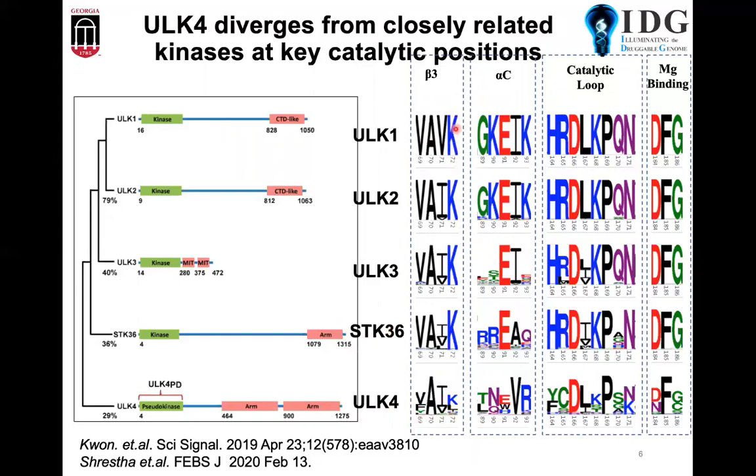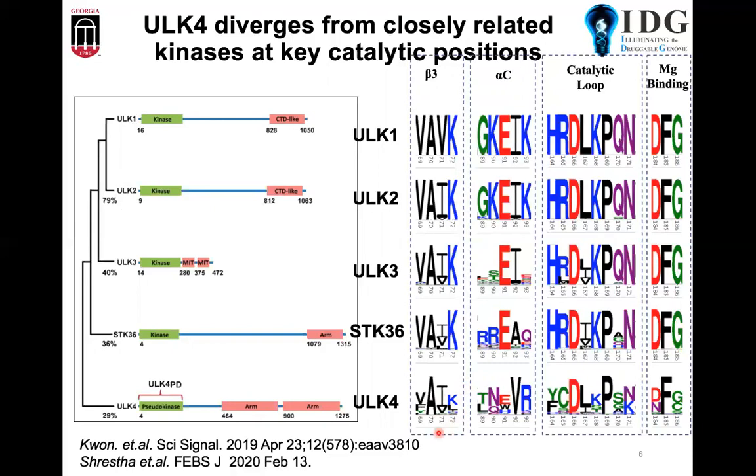So this is the key catalytic lysine that is involved in coordinating ATP in many functional kinases. But across different ULK4 orthologs, in particular in humans, the lysine is replaced by a leucine. In fact, other orthologs of ULK4 have a lysine at that position. I'll get back to that in a minute.